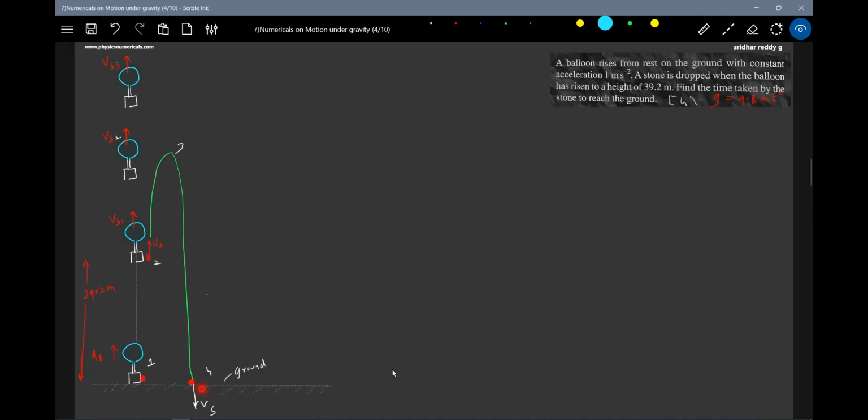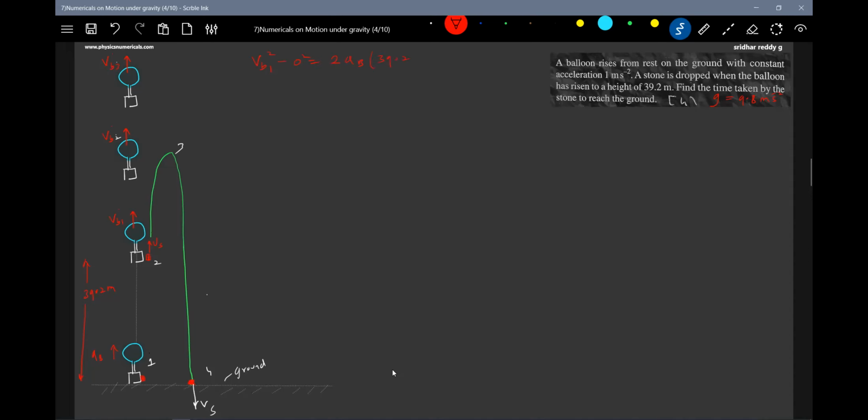What is the acceleration of the balloon? It is 1 meter per second squared. So let's calculate the velocity of the balloon, VB1. I can proceed here. VB1 squared minus 0 squared equals 2 times the acceleration of the balloon into H, since it accelerates from rest.